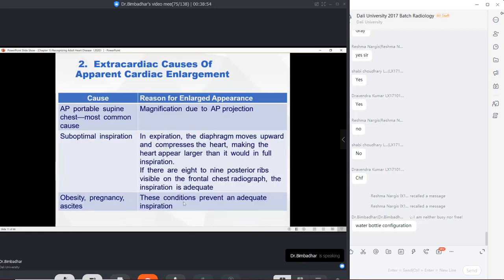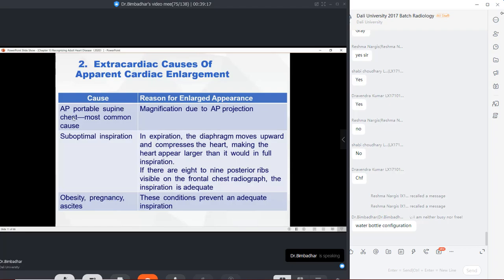First, we need to know the conditions. Like I said before, an AP portable supine chest film causes magnification of the heart shadow, which makes it appear that there is a cardiac enlargement. But this is not true for a PA view. The PA view is the standard view.